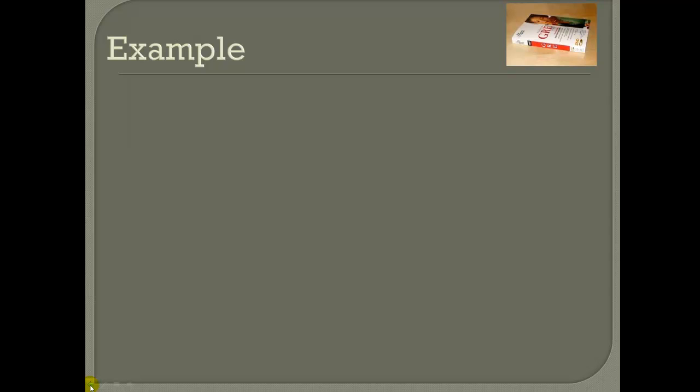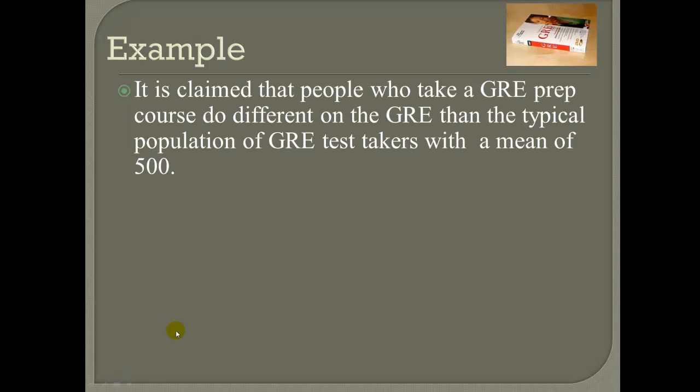Okay, as usual, this will probably make a bit more sense with an example. So let's use the following example problem. Let's say that we're a researcher and we want to see if taking a particular GRE prep course actually prepares people for the GRE by letting them perform better than the general population of GRE test takers. If you don't know, the GRE is an exam that you have to take to get into most grad schools.